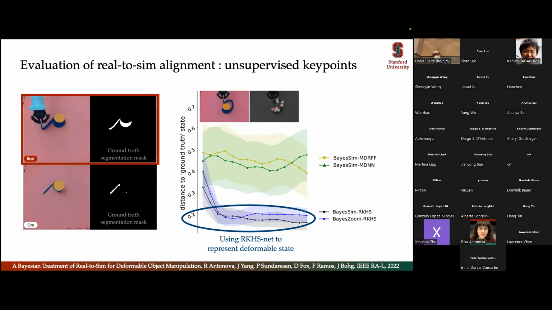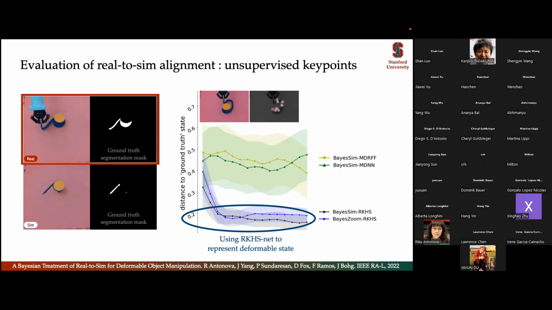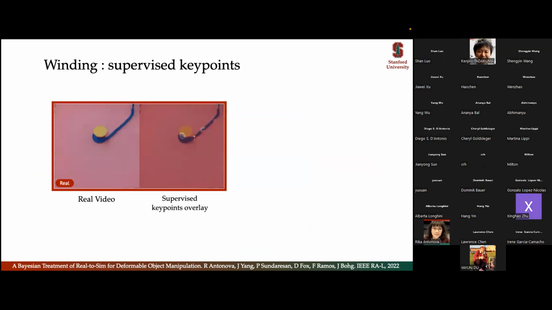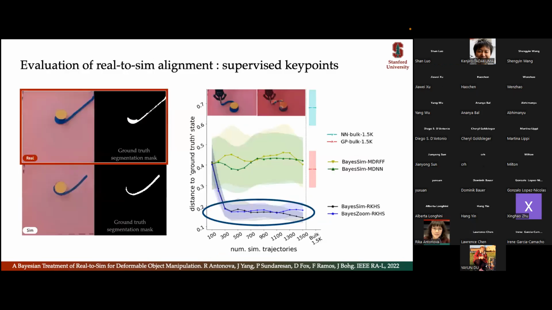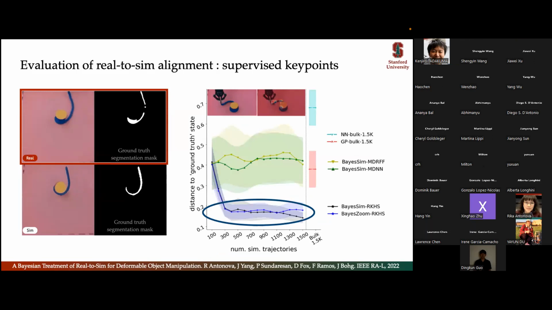So we can get to the ground truth much quicker, and we're able to do this not only for this unsupervised method, but also for the supervised extraction method. So here are the key points that are obtained with a supervised approach, also a little bit noisy in this case. And likewise, we can get a fairly good improvement in performance here compared to BaySim with other representations.